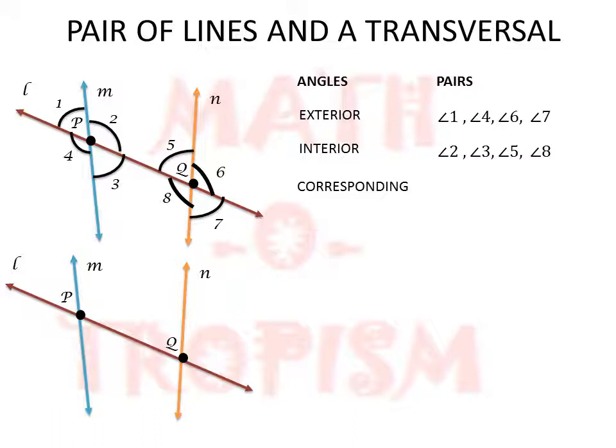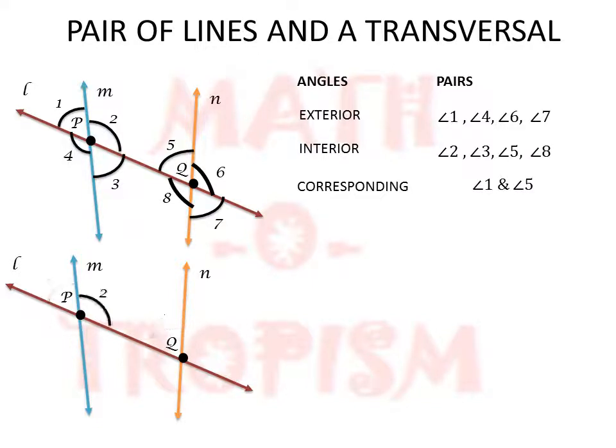So we will be seeing with respect to the transversal, above or below, and to the left or the right of the line. So first one, angle 1 is above the transversal but to the left of M. So which angle is to the left of N and above the transversal? 5. So 1 and 5 are the corresponding angles.